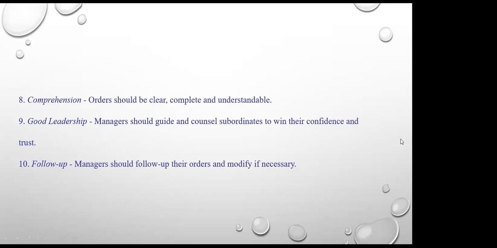Rintu, do you have any doubts? Good evening, sir. Sir, does good leadership mean the PDCA cycle, sir? Plan, do, act, check. Leadership is different, and plan, do, check, act is different.